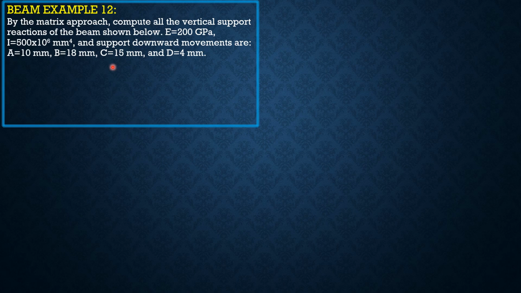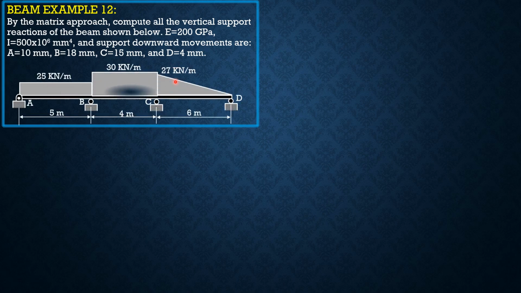By the matrix approach, compute all the vertical support reactions of the beam shown below. Modulus of elasticity 200 gigapascals, moment of inertia 500 times 10 to the 6 millimeter to the fourth, and the support downward movements are A 10 mm, B 18 mm, C 15 mm, and D 4 mm.